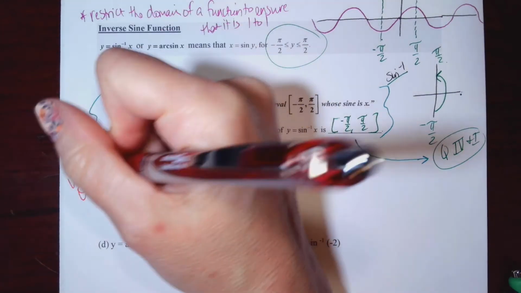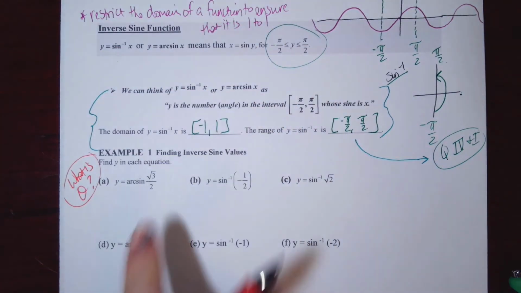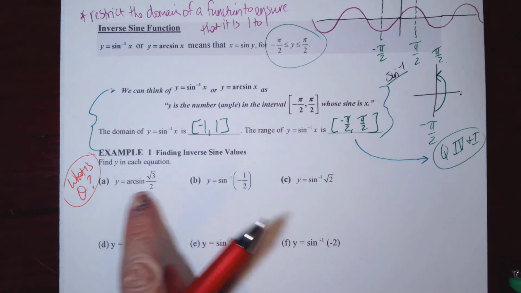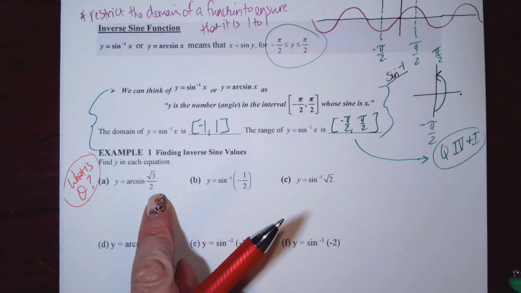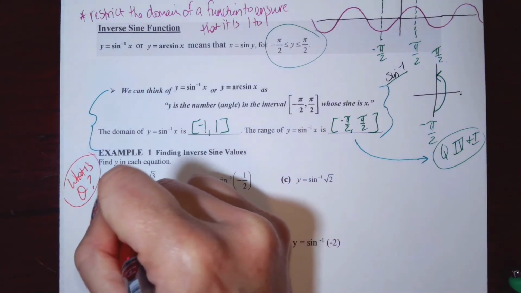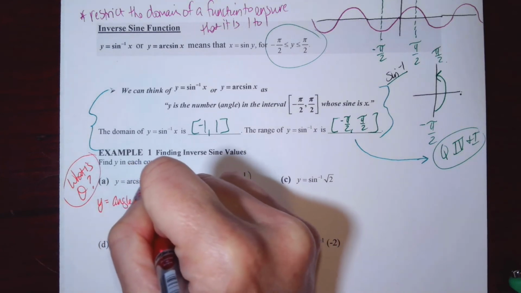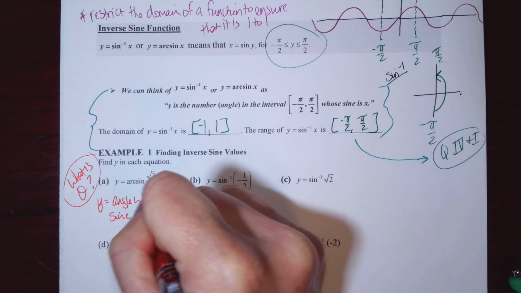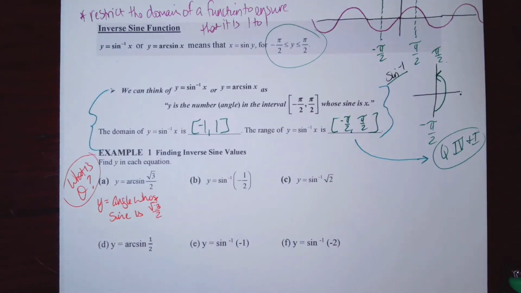I'm looking for an angle. I'm giving you a sine function value, and I'm looking for an angle. Y equals arcsine of square root 3 over 2 means I want y, which is the angle whose sine is square root 3 over 2.